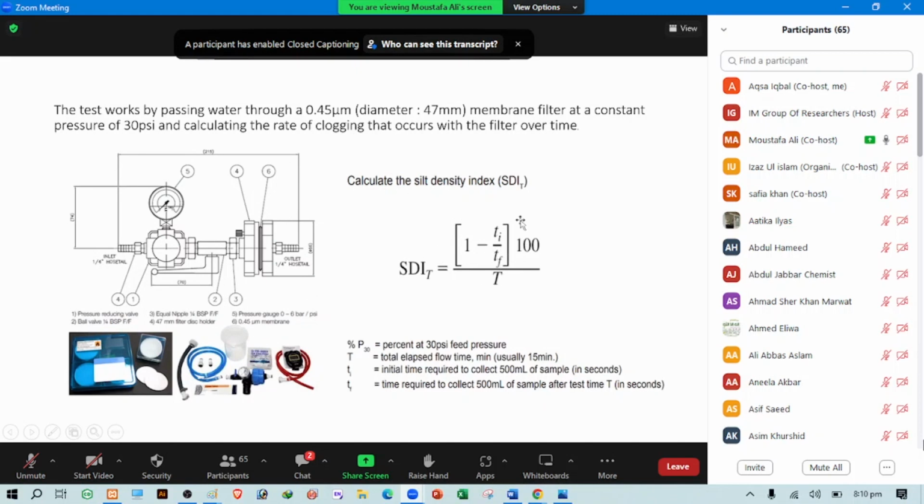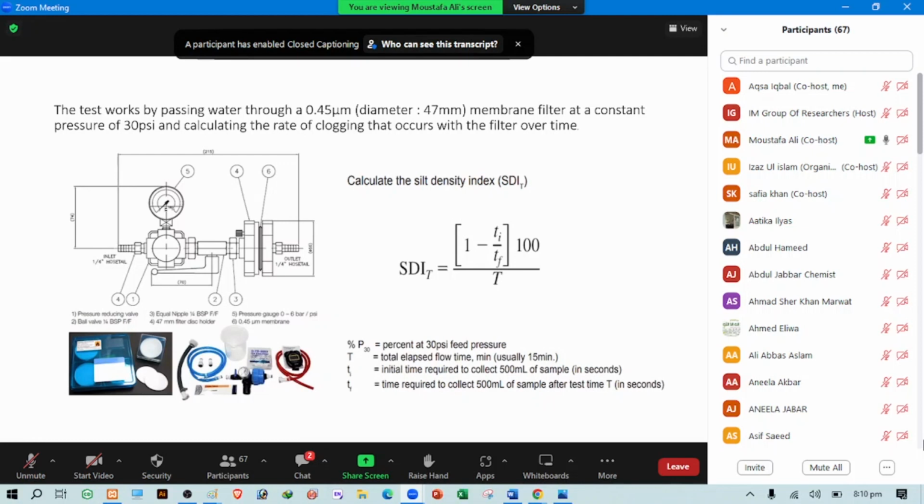If we put all the parameters in, we will have a value. This value for a reverse osmosis membrane should be less than 5, and in some types of membrane should be less than 3. This is widely known as the silt density index.